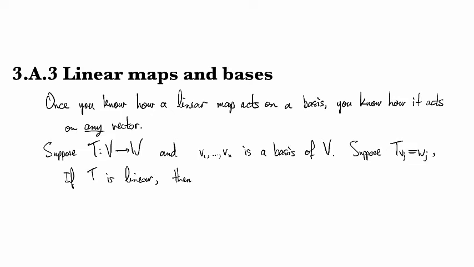Oh man, now I'm out of space. Okay, so now if T is linear, then for a general vector u, we know that we can express u in terms of the basis.